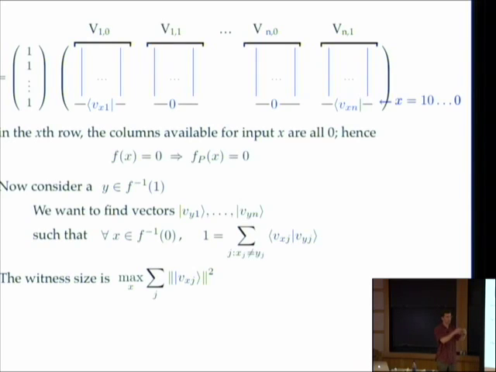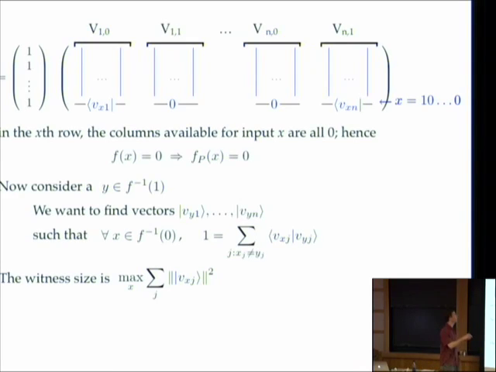So we'll break that witness w into n parts, vy1 through vyn, which are the parts that you multiply by the corresponding subspaces here, either v10 or v11 and so on. When you concatenate these vectors, it's a linear combination that generates the target.